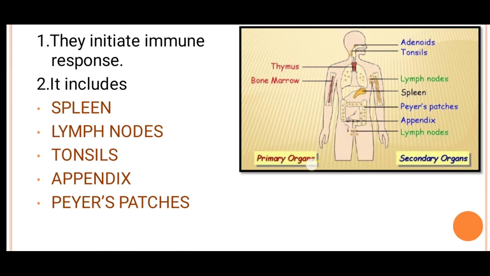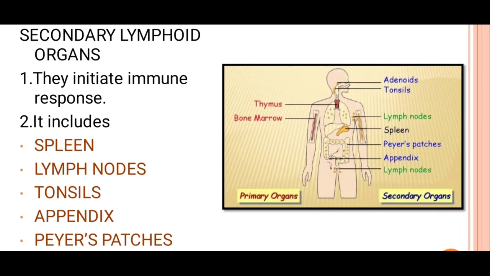Tonsils are lymph nodes located on each side of our throat. Appendix is present between large intestine and small intestine, and Peyer's patches are small masses of lymphatic tissue found throughout the ileum region of small intestine.